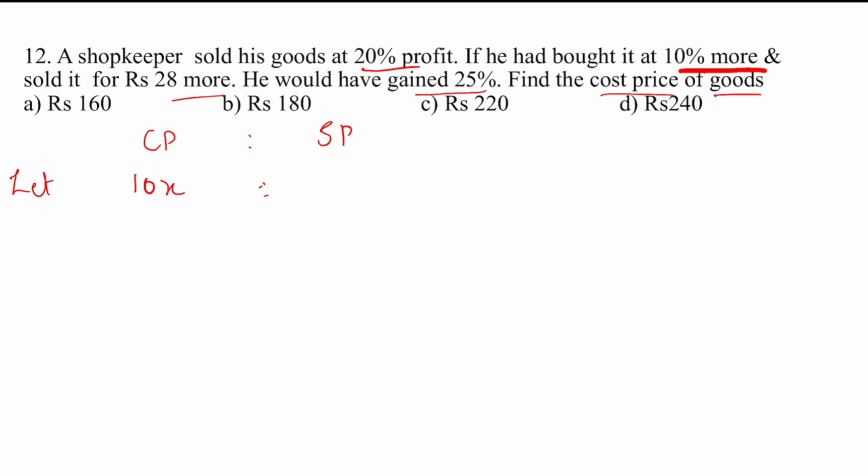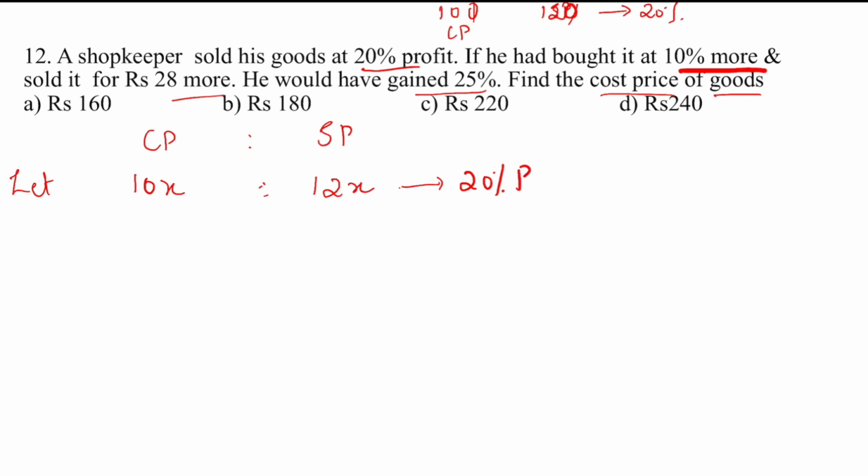See here, if the cost price was 100, then the selling price would be 120 to make 20% profit, isn't it? So taking 10 less, it is 12x. I am taking 10 less to make simplification easy. So it is 12x, and this will give us 20% profit.